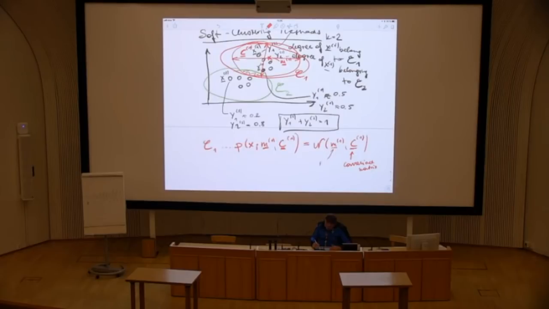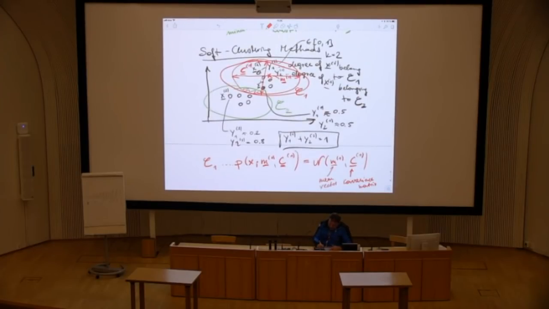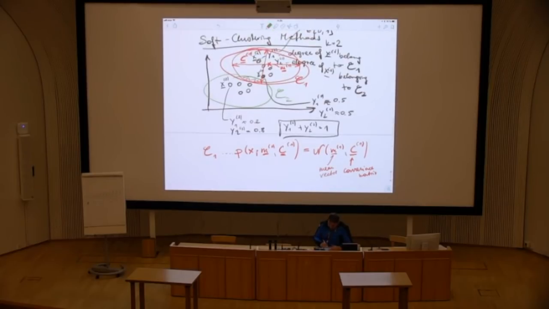So this is a mean vector. And we do the same for the other cluster. So we represent cluster 2 also by a Gaussian with mean vector M2 and covariance matrix C2.